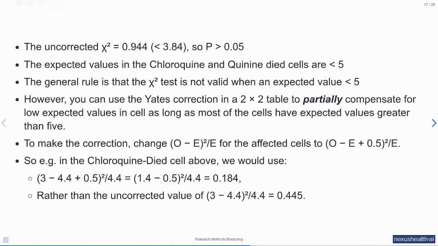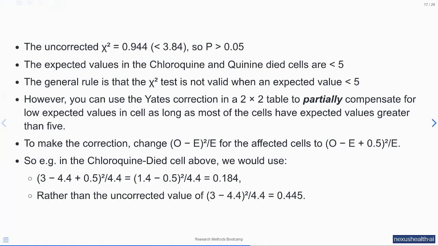And so to make the correction, we make a slight change to the formula we use for calculating the chi-square. We add 0.5 to the numerator so that it becomes observed frequency minus expected frequency plus 0.5 and then square. So for example, in the chloroquine died cell above, we would use 3 minus 4.4 plus 0.5 all squared divided by 4.4 and so on.